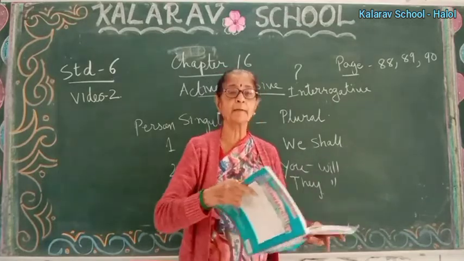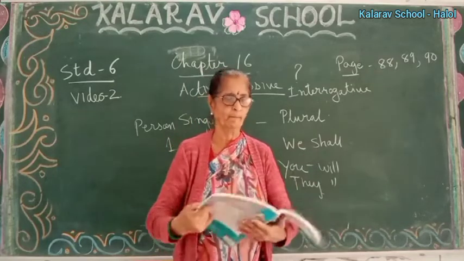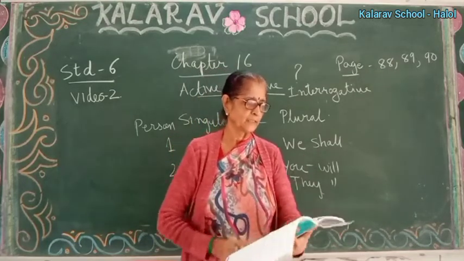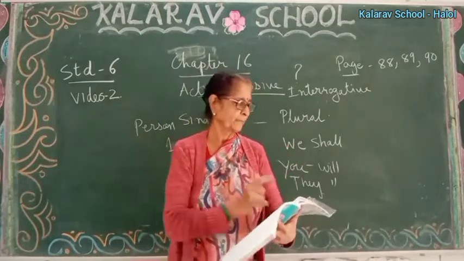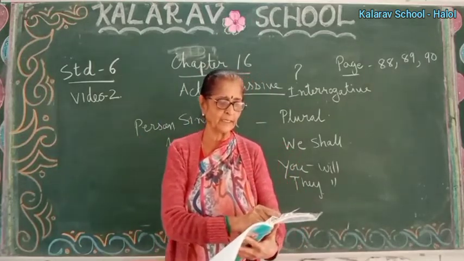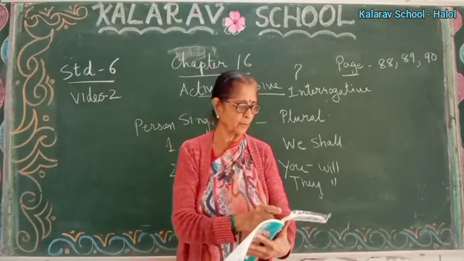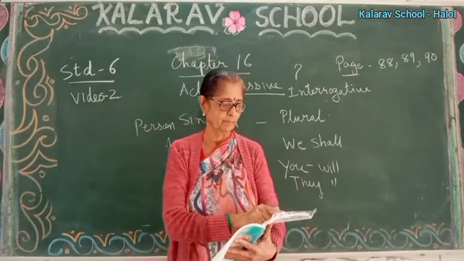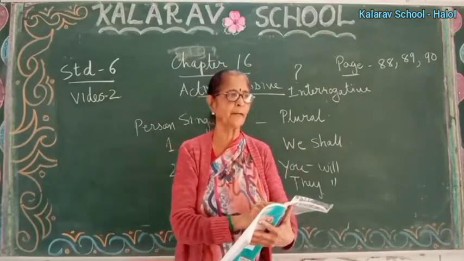Turn to page number 90. Now see children, in this we are to use me and I. The sentences given below are rewritten in the passive voice. Change the personal pronouns which are in bold and fill in the blanks with appropriate answers from the brackets.